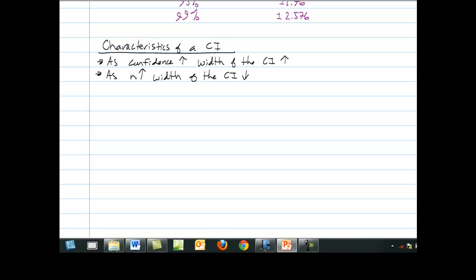So now that we know about some of these characteristics of a confidence interval, let's go ahead and look at an example where we're building confidence intervals, and so we can see some of those characteristics in play. In this example, we're going to be looking at the density of bacteria in solution.